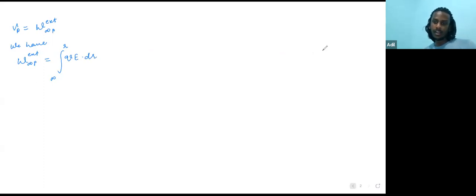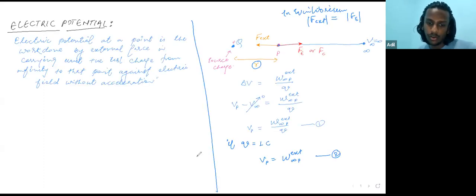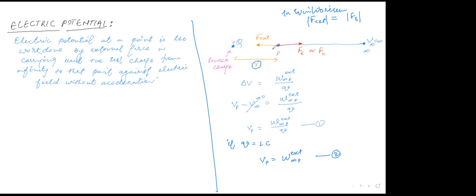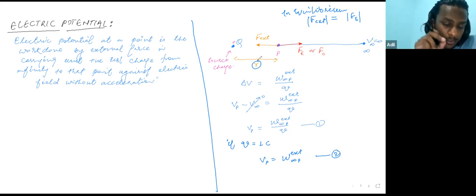And you already know that while transporting this charge from infinity to P, your R changes. R increases or decreases, Nawal, while transporting from infinity to P? R in the sense of the position of the charge, does it increase or decrease?